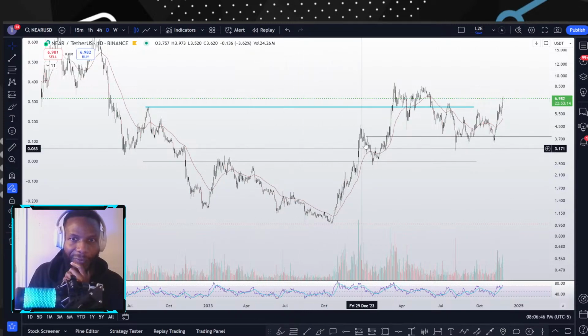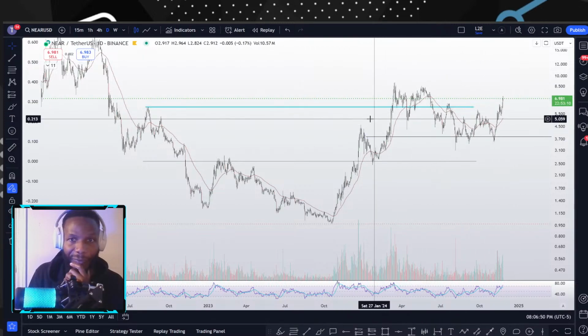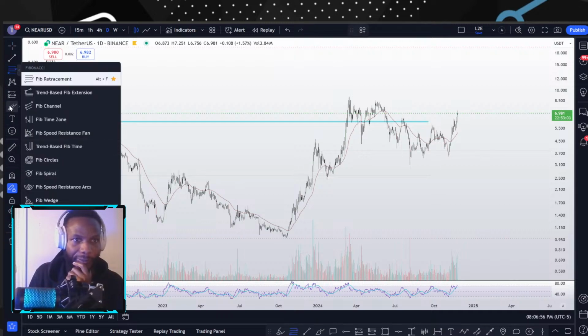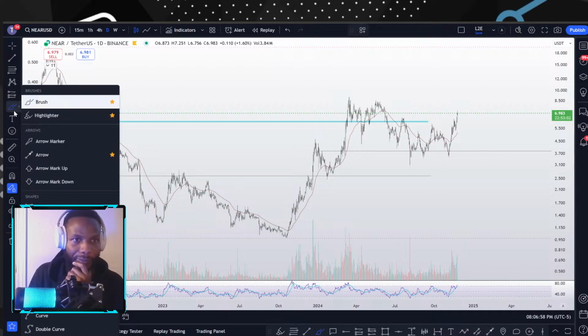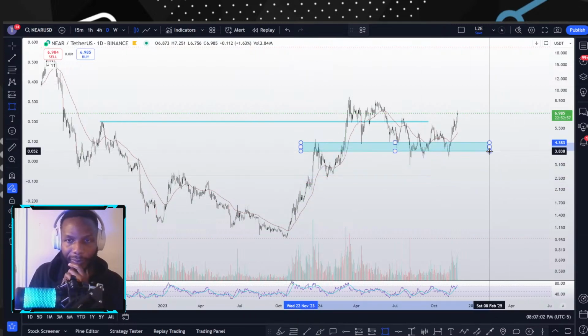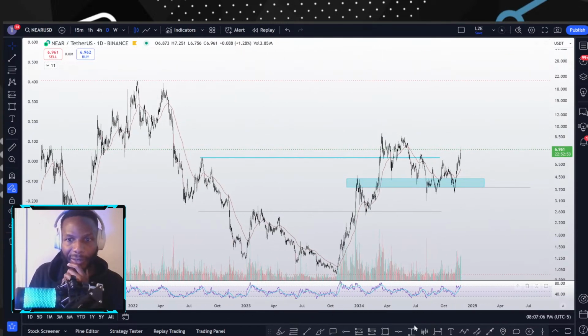Price was falling and then finally broke above this area, and then it found support right here. And now it's looking to probably test its all-time high up here.